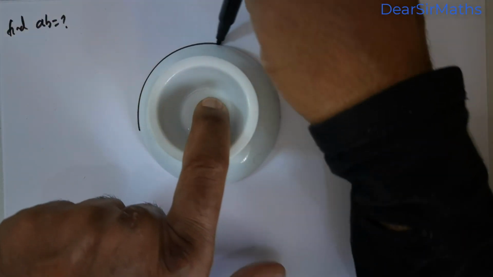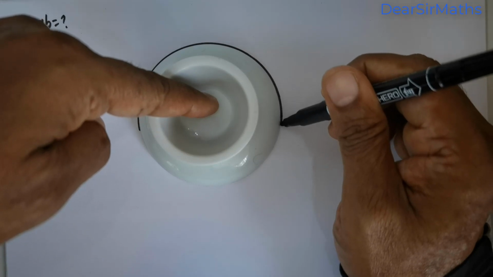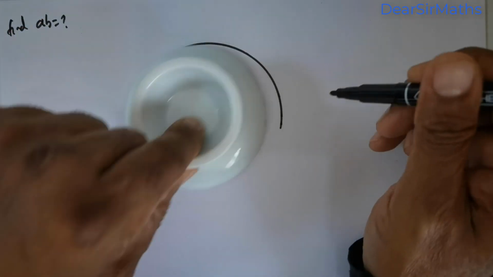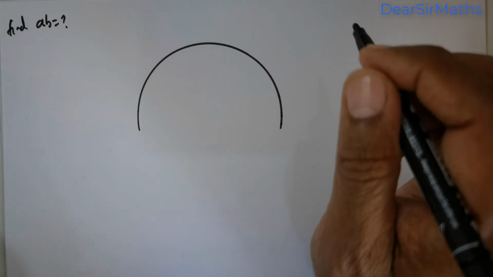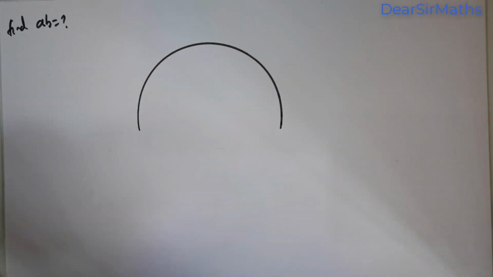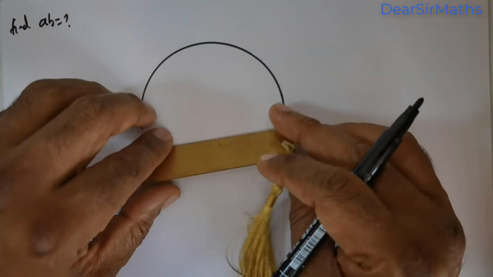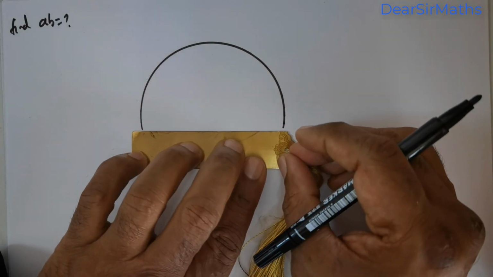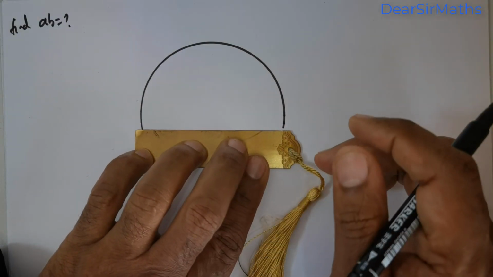We have a semicircle, and this circle is inside a trapezium.